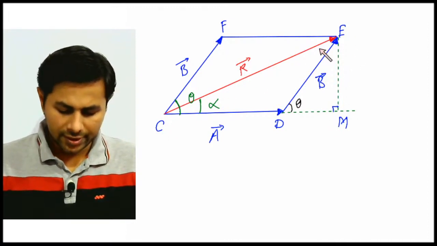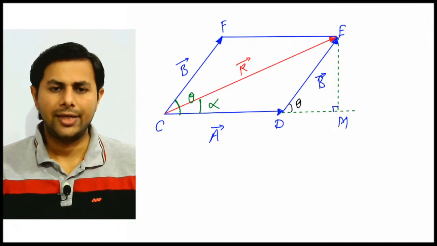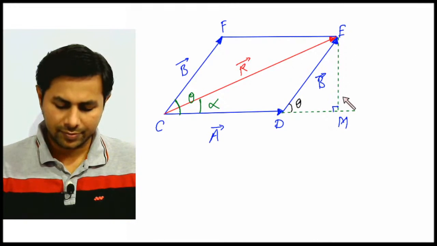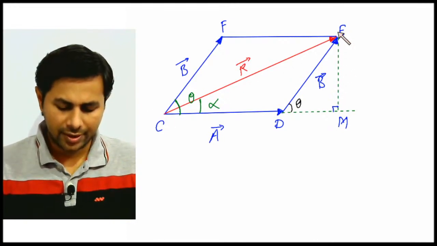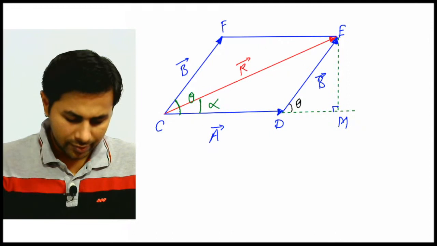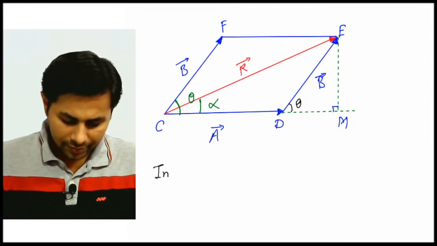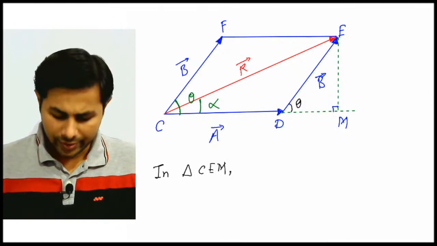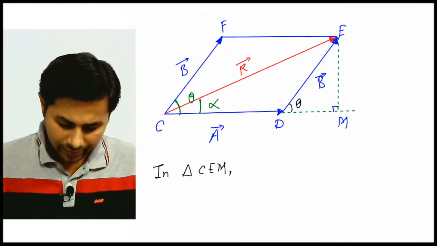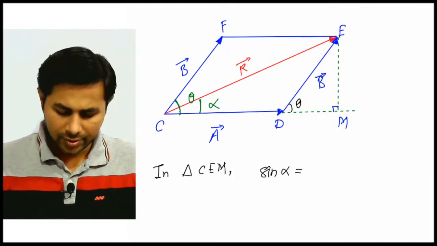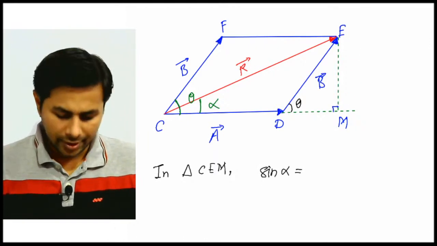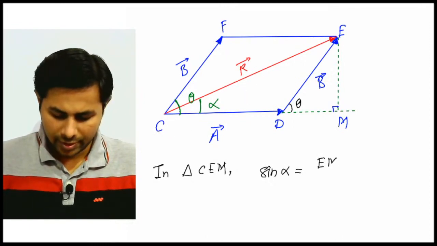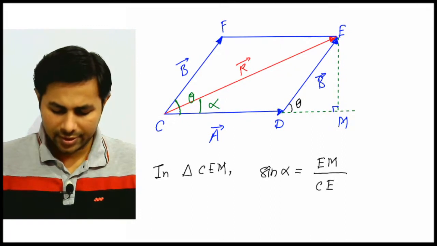In triangle CEM, sine of this angle alpha is the opposite side EM divided by the hypotenuse. So sine alpha equals the length of side EM divided by the length of side CE.